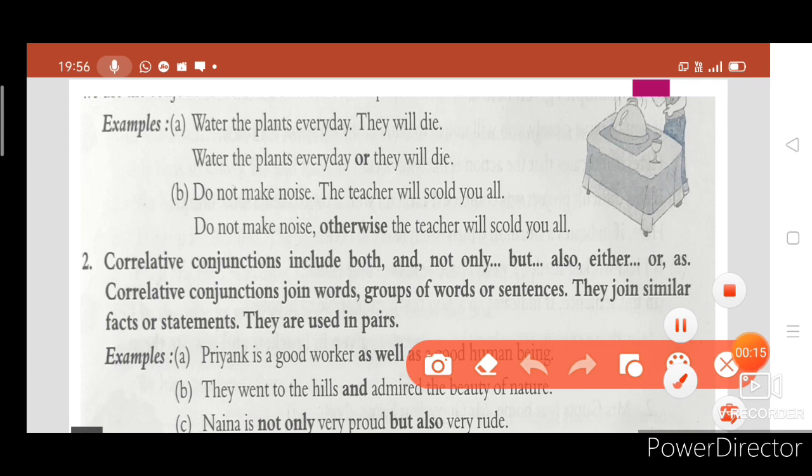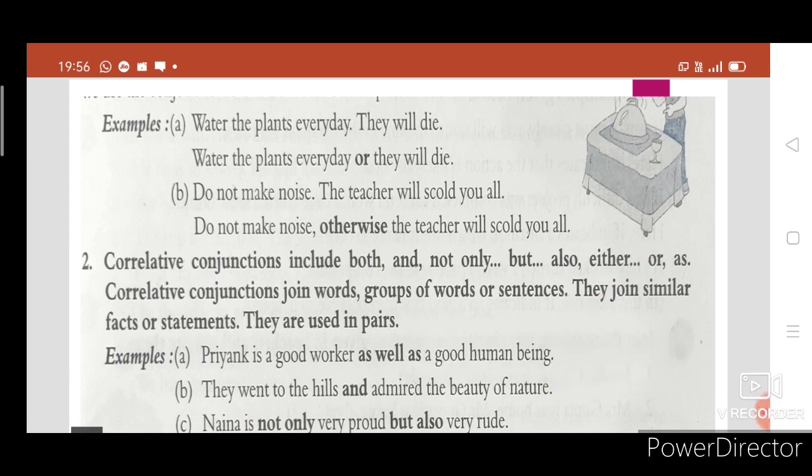Priyanka is a good worker as well as a good human being. It's all about Priyank, not Priyanka. Both the facts are positive. Priyank is a good worker as well as a good human being.